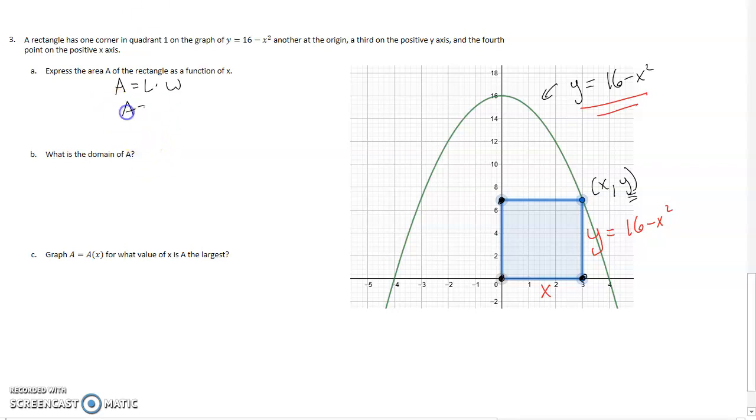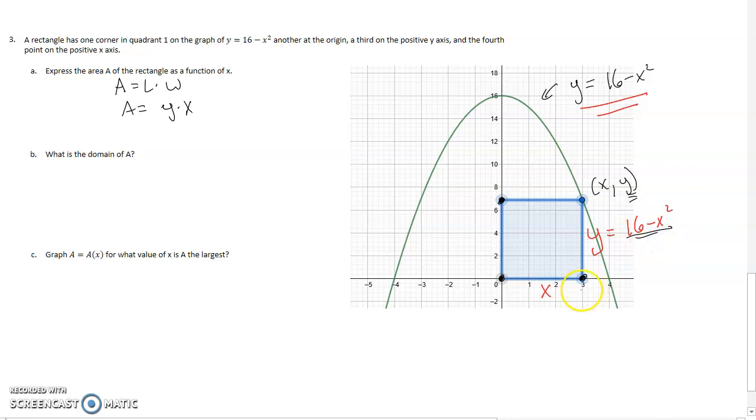So we have area is equal to, we know that our width is x, right? So we can substitute that x in there. And then our length is y, right? So that would get us our area is just y times x. But unfortunately here, I don't want 3 letters in this, so we're going to do some substitution.